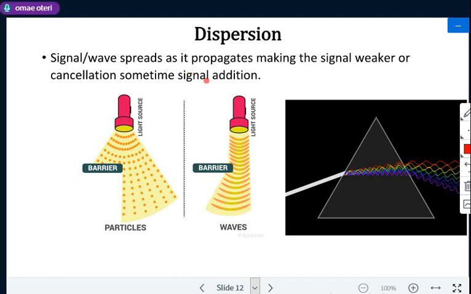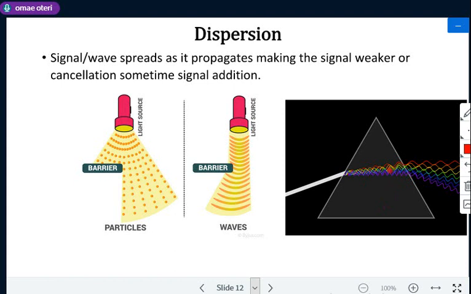It will be in terms of a signal spreading out from the source. And then the other one is when you separate frequencies. This is a concept where you're using a prism and you separate the wavelengths or frequencies of the different signals.